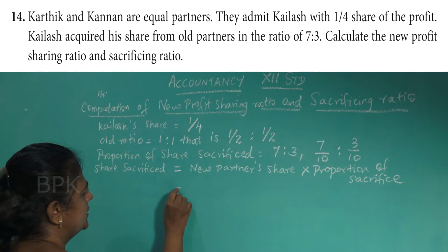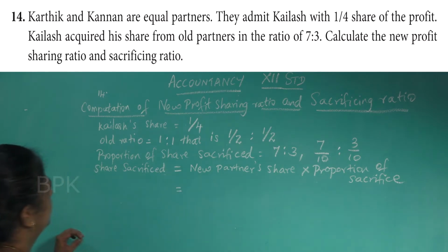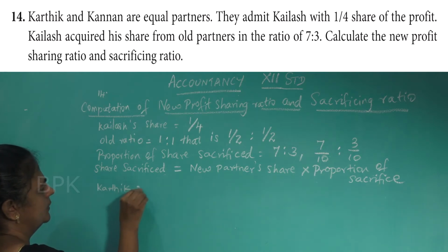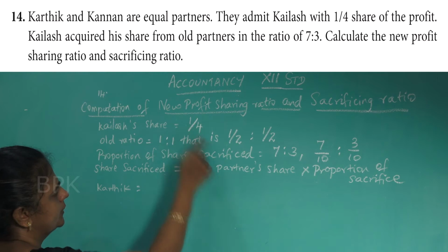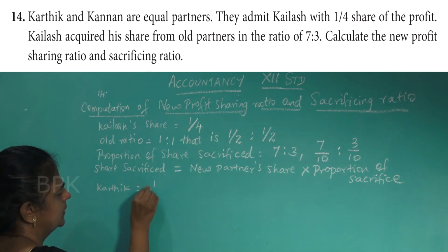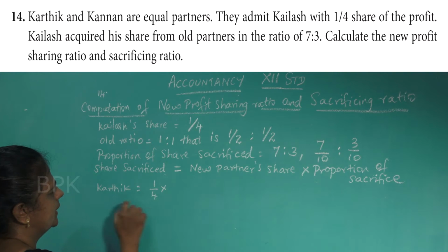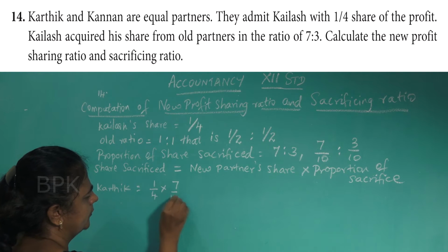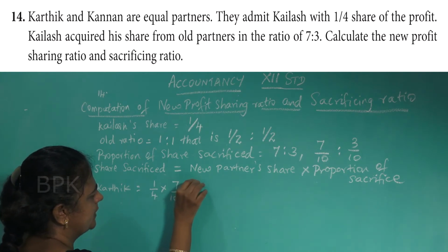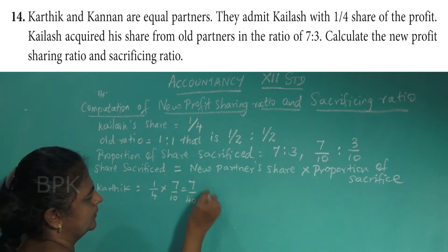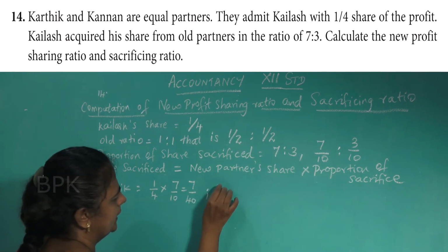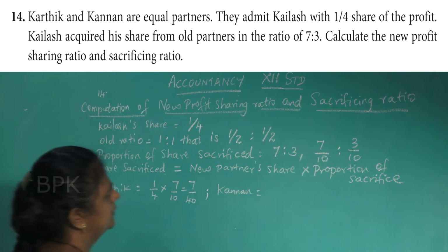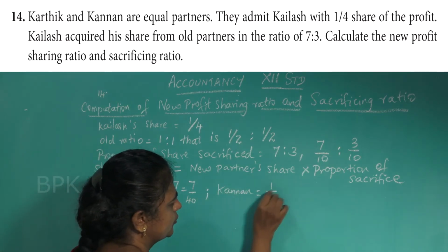So what is the new partner's share? First you find out for Karthik. New partner share, Kailash, that is 1/4, into Karthik's proportion of share sacrificed, 7/10. So that will give you 7/40. Same way find for Kannan. The new partner share is 1/4.